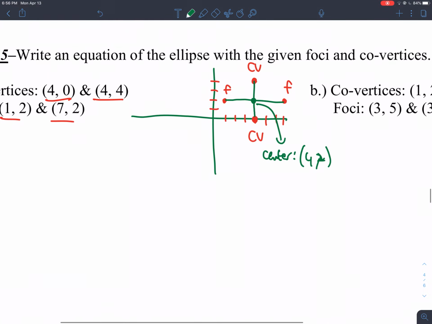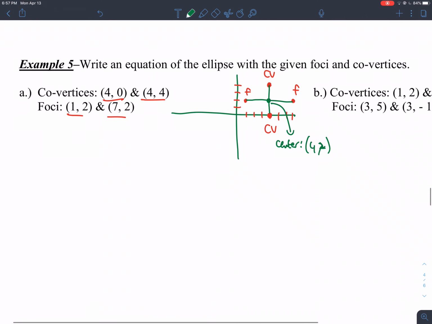Because there's symmetry here, the center is halfway between the foci and halfway between the covertices. That's how we drew all of our ellipses, okay? And so I know the center, so I know h and k. And then the other question is, do I know all of the information I need? Well, let's look at the formula first.